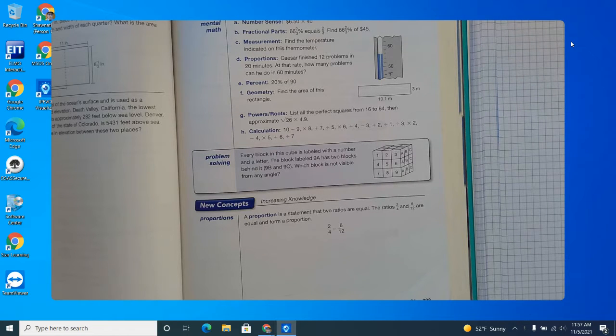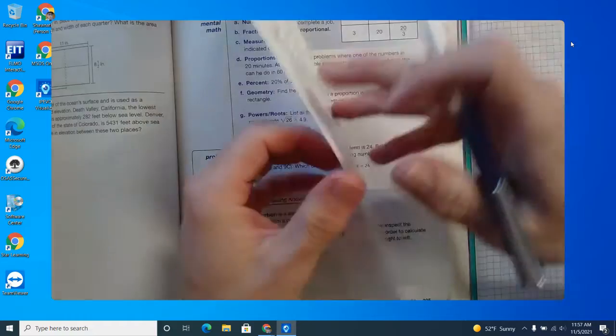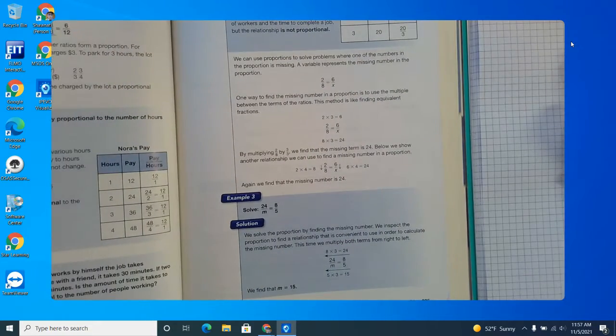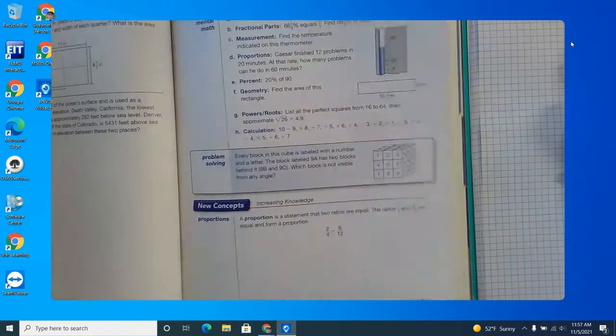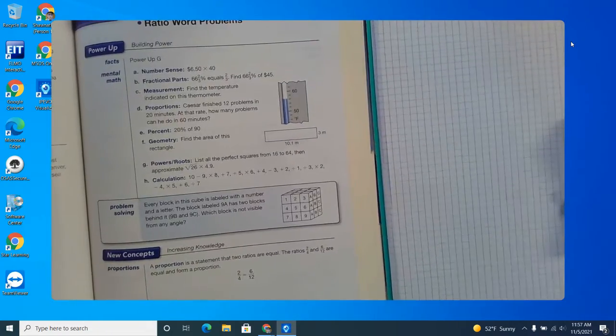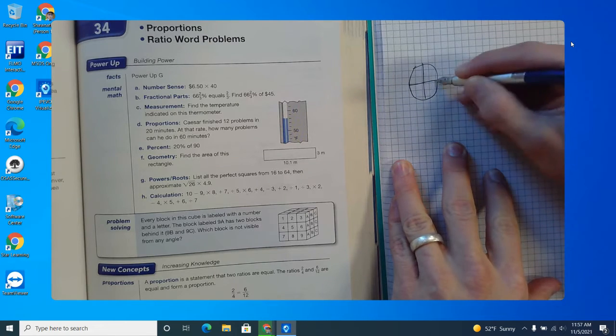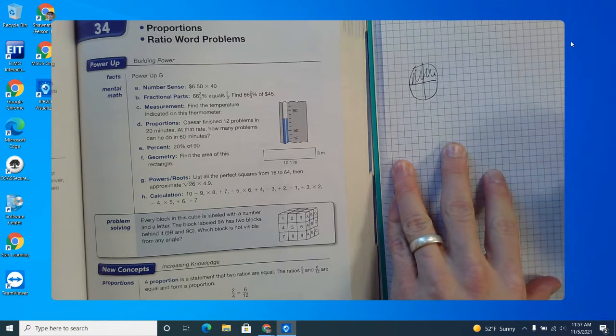I can multiply the fraction 2/4 by 3 and get the exact same thing, right? If I were to look at it on a circle, if I had a circle here, 2/4, that's here.